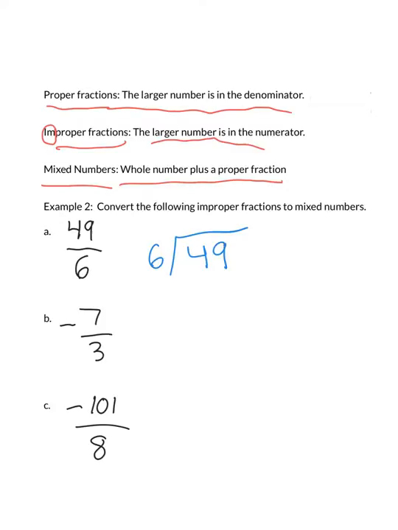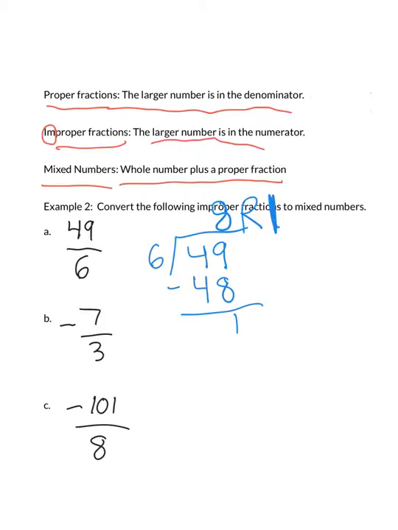I'm going to do division longhand. 6 goes into 49 8 times, because 8 times the 6 would be 48. 9 would be too big because 9 times the 6 would give you 54. So 8 times 6 for 48, then we subtract. 49 minus the 48 gives you 1. So I have 8 with a remainder of 1.